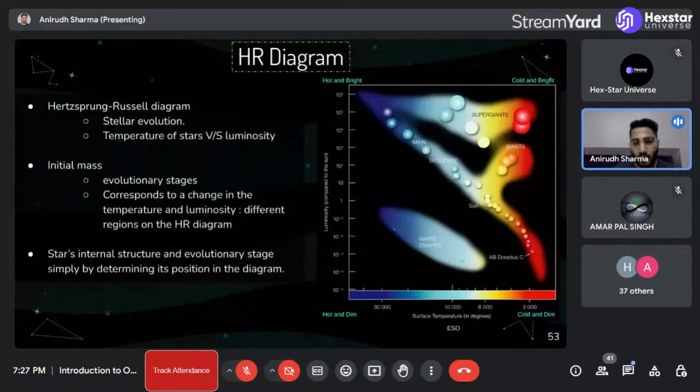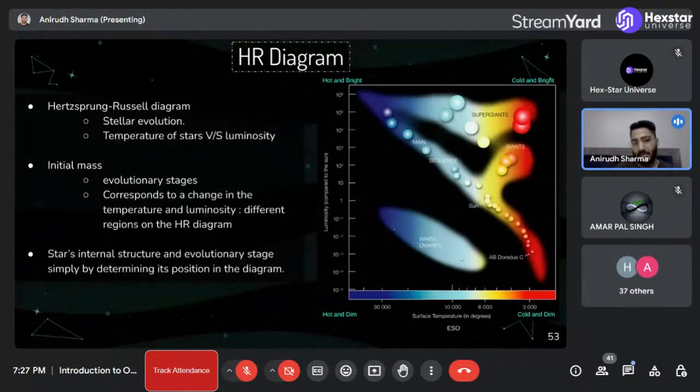Then coming to other studies that we do after observing, when we record data, then we need to infer what information we have got. And to infer that information, we use something called HR diagram or Hertzsprung-Russell diagram. So this HR diagram is very useful.